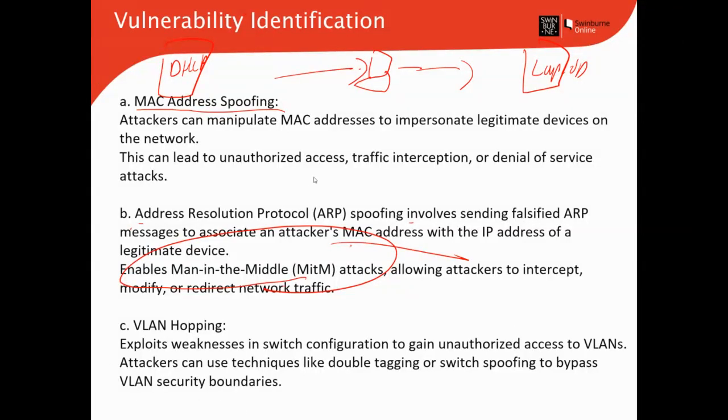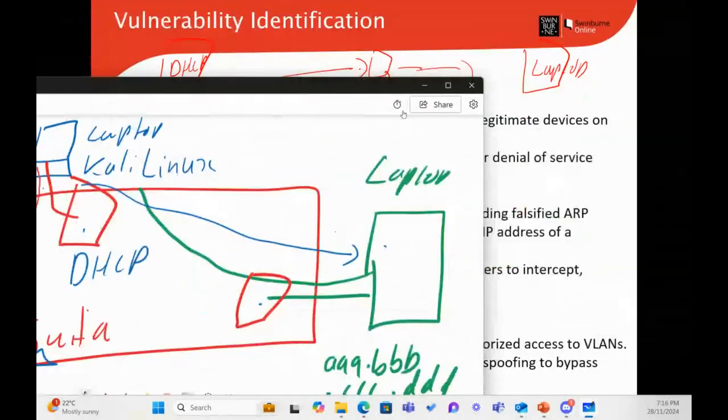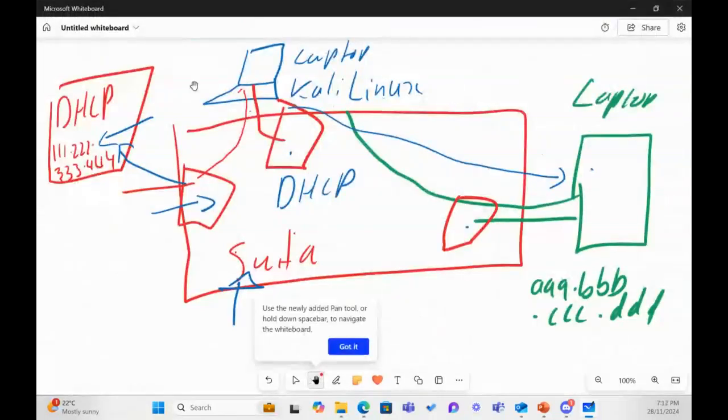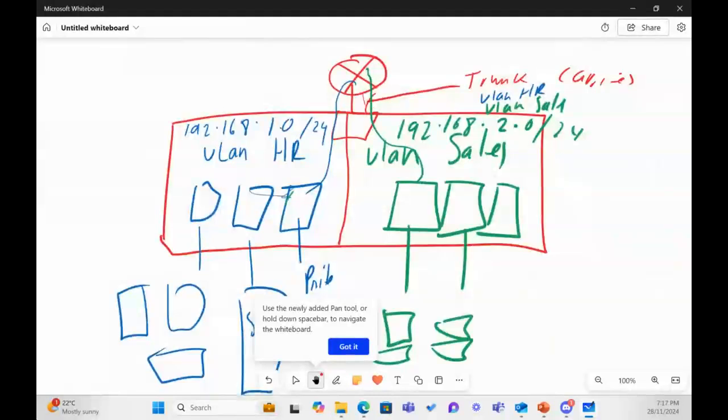Now, VLAN hopping is interesting. Remember how I showed you this diagram of the VLANs before? Up here, with this trunk. If a hacker is able to break into this port and send traffic, it wants to go into VLAN sales, but it can't because there's a brick wall there.